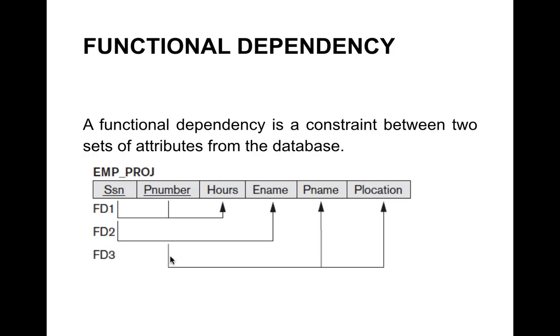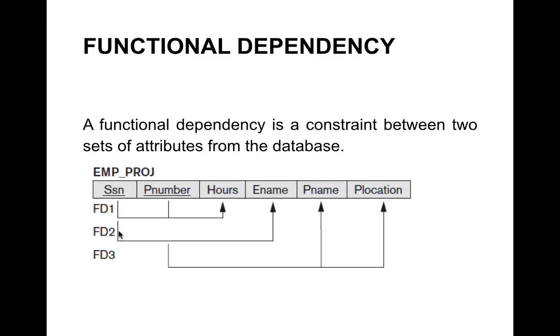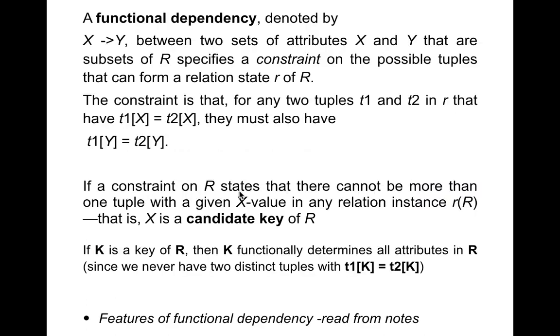So the next thing you need to understand about functional dependency is, say X gives Y. X gives Y is represented like SSN gives ename. The constraint is that for any two tuples T1 and T2 in R, where R is the relation, if we have T1 of X equal to T2 of X, then we should have T1 of Y equal to T2 of Y. What does this mean?